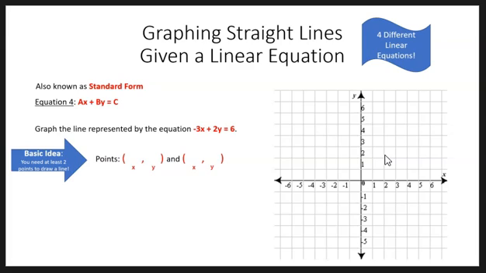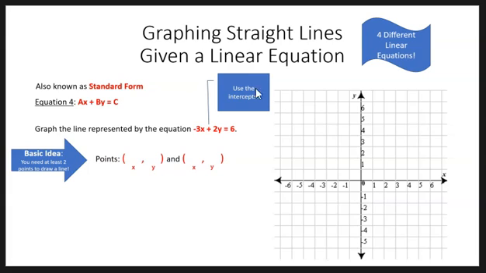Now, there are 2 ways you can graph this. I'm going to share with you the first way, which I think is the easiest way, and it's using something called the intercepts. And I already mentioned this word before. The intercepts are points on the x-axis, the horizontal number line, or points on the y-axis, the vertical number line.